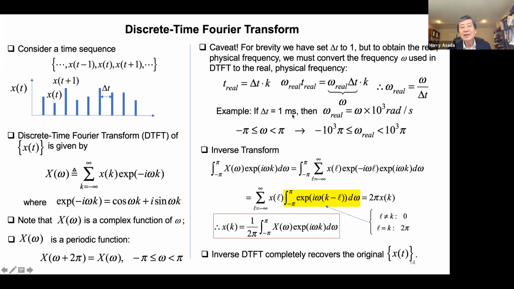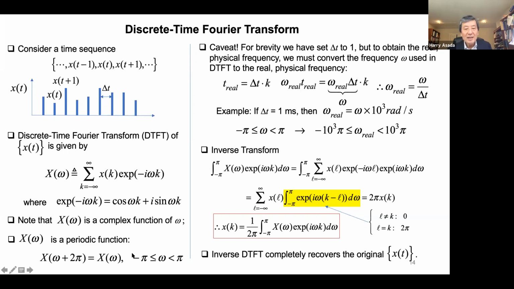Just to take one example, if delta t is 1 millisecond, then omega real is basically omega times 10 to the third, because delta t is in the denominator, so we have to multiply by 1,000.